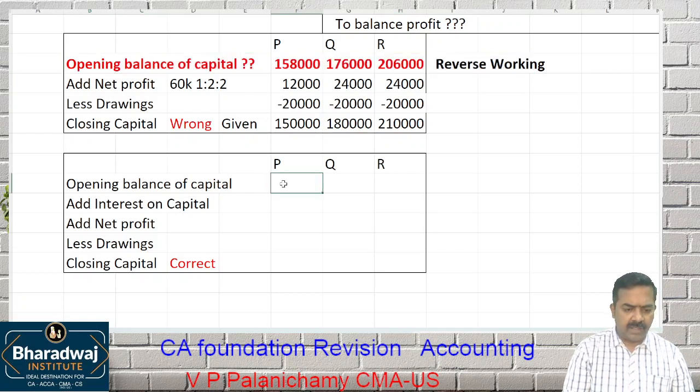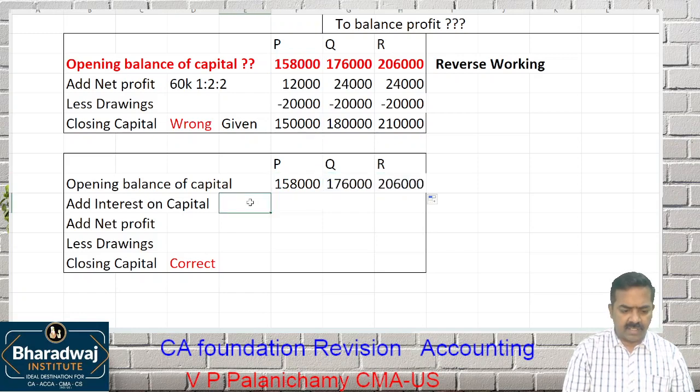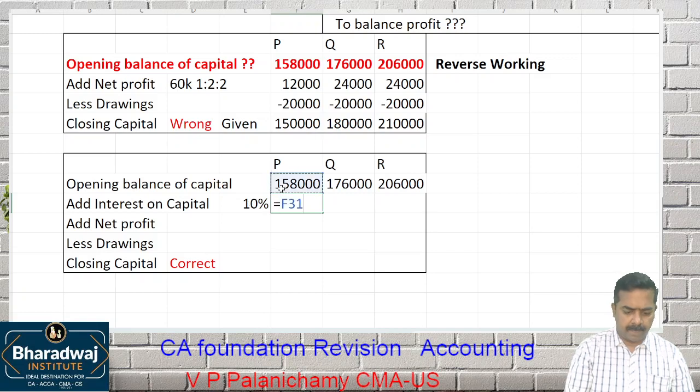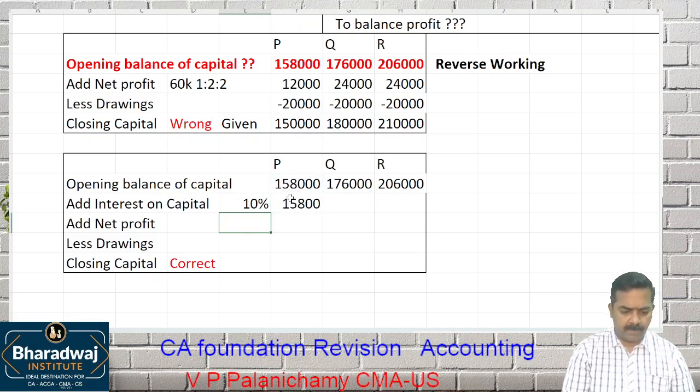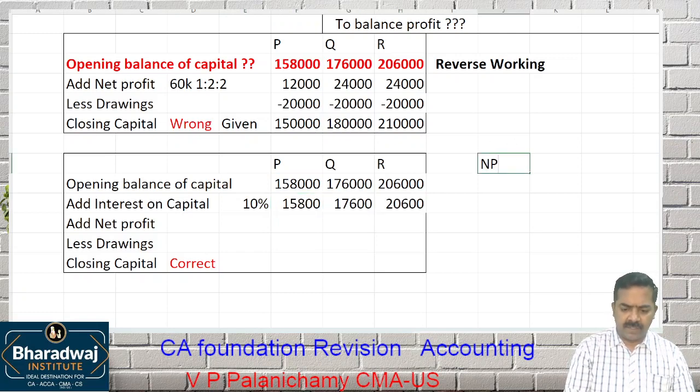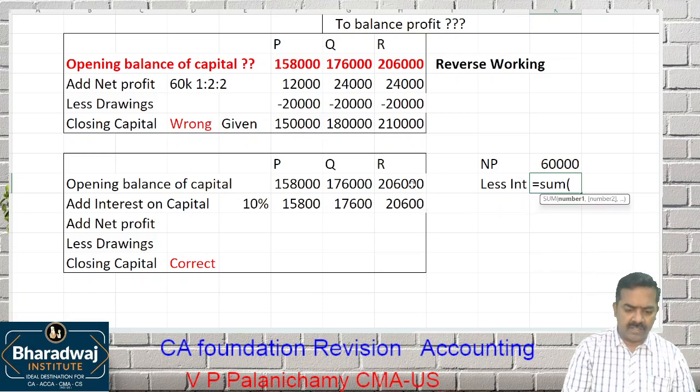After getting the opening balance of capital, now let us allow the interest on capital. What is the interest on capital at the rate of 10%? Wait, what is the net profit given? 60,000 less interest. Interest will be the total of all these things.